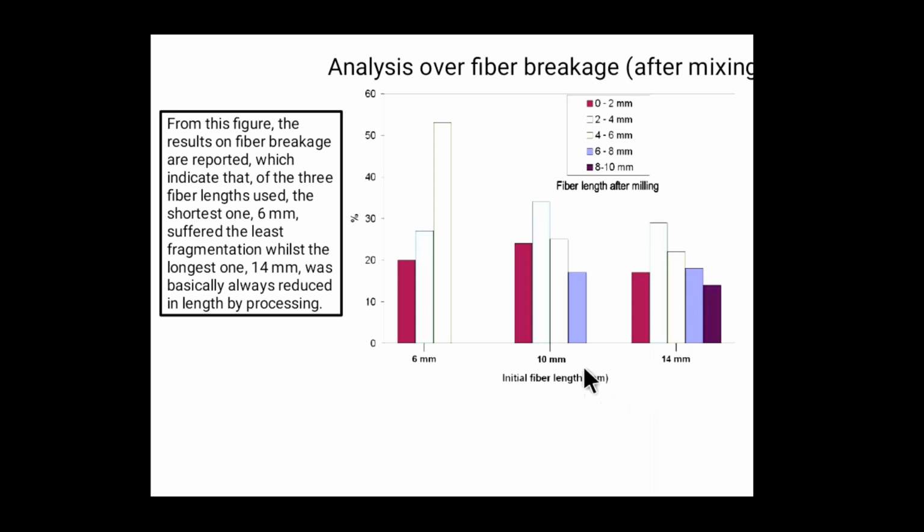For this reason, verification in the subsequent experimental work was suggested, to examine whether it was possible to increase the amount of 6 mm fiber introduced in the composite, or whether the advantage obtained from using the longer fibers, 10 mm or 14 mm, compared to the 6 mm fiber, would be justified.